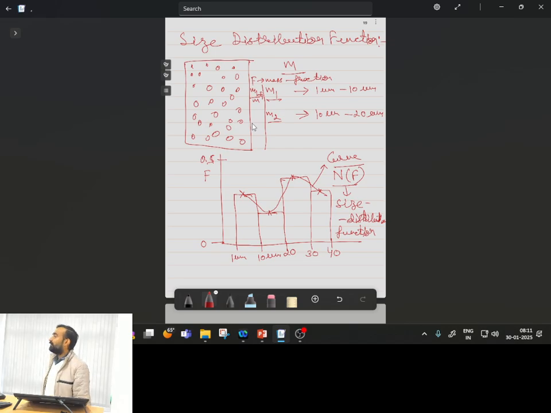You can also divide the particles, if you consider that the shape of the particles is the same, and though sizes are different, the shape is remaining the same. In that case, you can even define this size distribution function in terms of the radius or diameter of the particles as well.